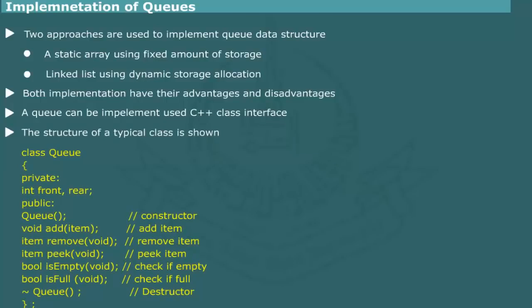Note that a class Q includes two integer variables, front and rear, which monitor the exit and entry points of a queue. The coding details of class methods add, remove, isEmpty, isFull, peek, and destroy are covered in subsequent sections.